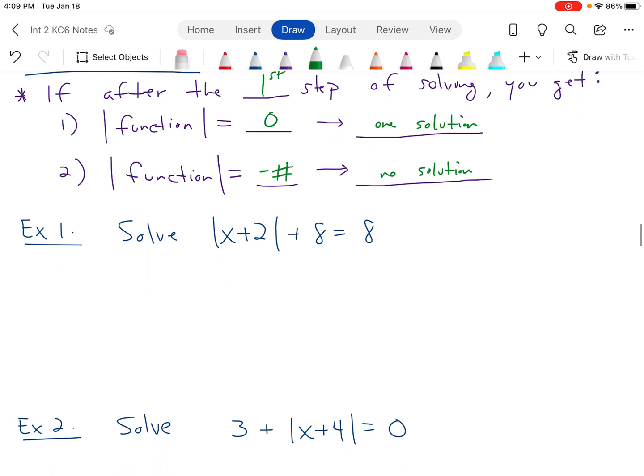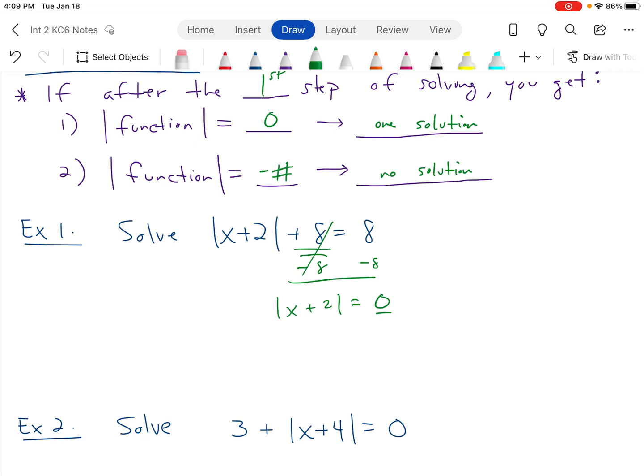All right, so let's go ahead and do a couple examples so that you guys can visualize this. Okay, so the first one is to solve the absolute value of x plus 2 plus 8 equal to 8. The absolute value is not alone, so I need to get rid of this positive 8 by subtracting it from both sides. So I get the absolute value of x plus 2 equal to 0.